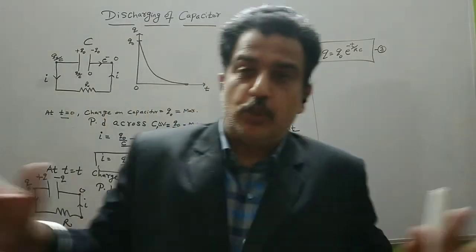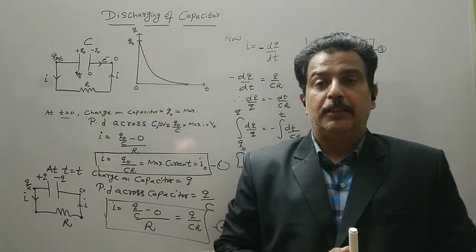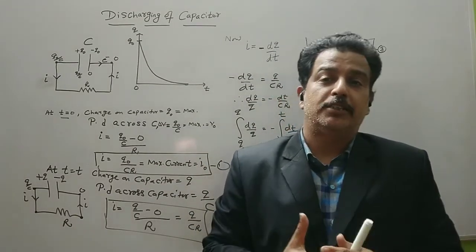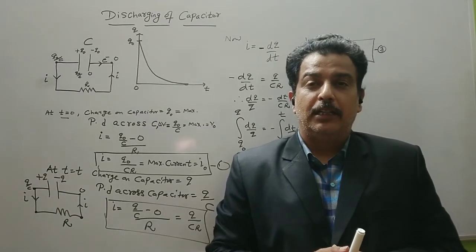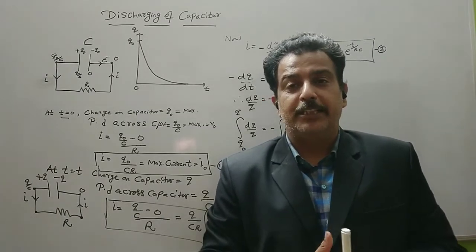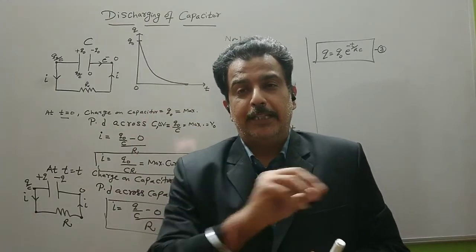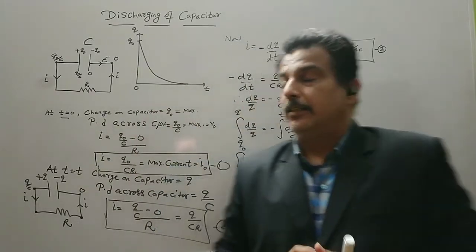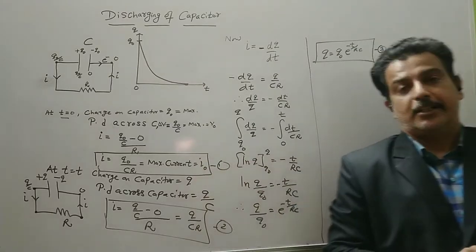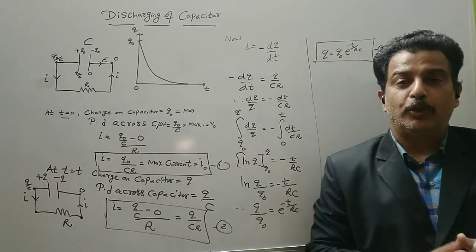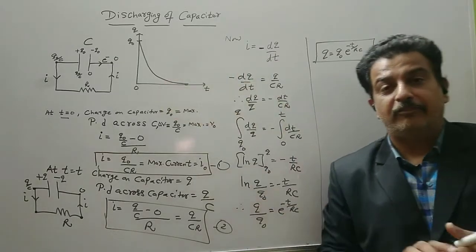So when you switch off your fan, the capacitor in it takes time to discharge, and therefore the fan does not stop immediately, because whatever charge is stored in the capacitor at that instant, it is discharging through the various other components, or say different resistors.